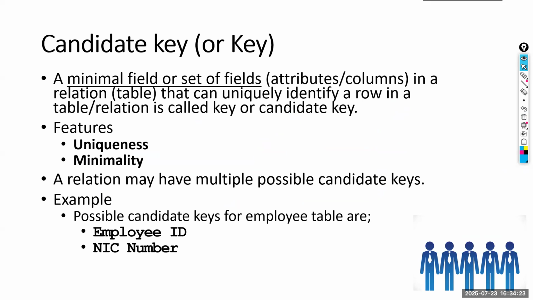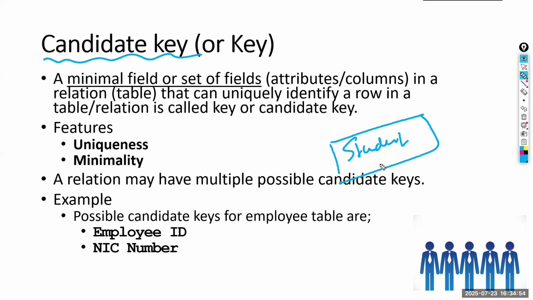The word itself says it. Candidate keys are key or keys which are possible candidates for primary key. For example, say we have a student table, or entity, now we call it a relation.